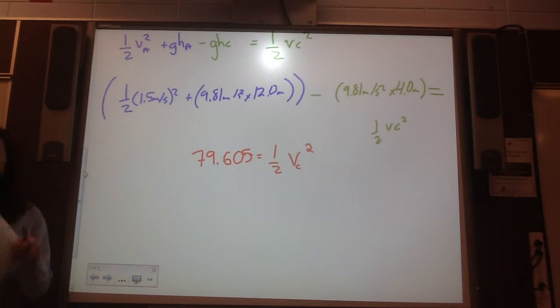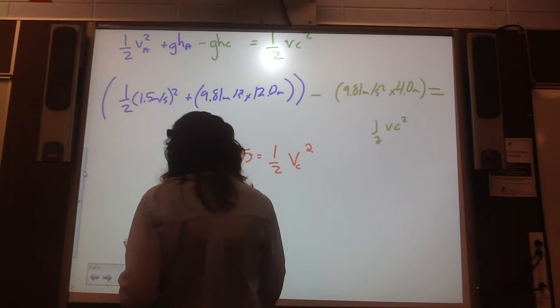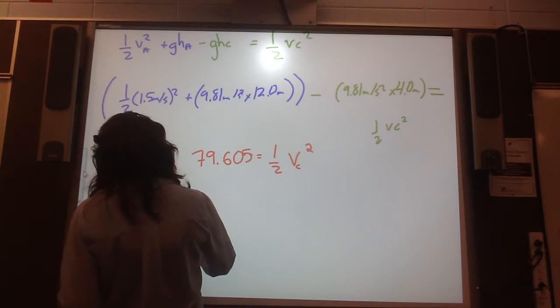So that's a lot easier now to just rearrange and solve for VC.